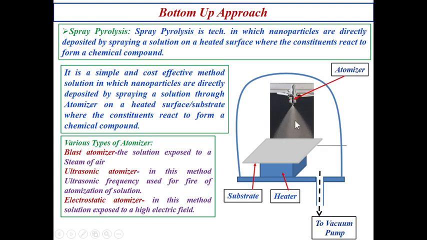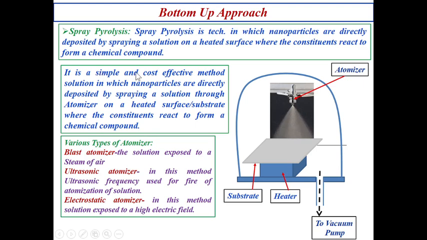This is the animation I have shown. It belongs to the blast atomizer, where the flux coming out of the atomizer looks like a stream of air. So these are the various atomizers that can be used in the spray pyrolysis technique, which is a low cost technique.